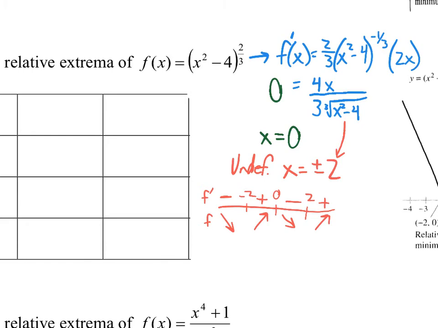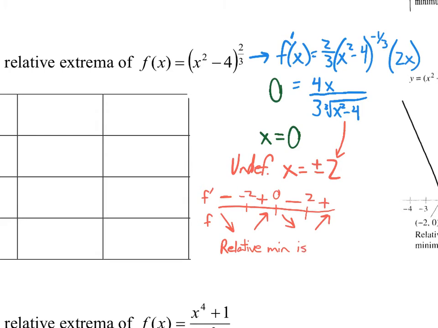So I know a couple of things about this function. First of all, I have relative mins at x equals -2 and x equals 2. What is the relative minimum value though?